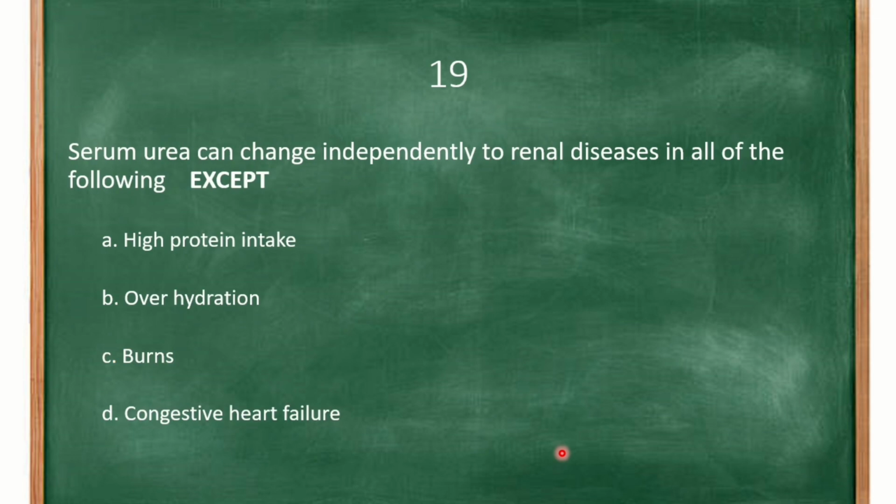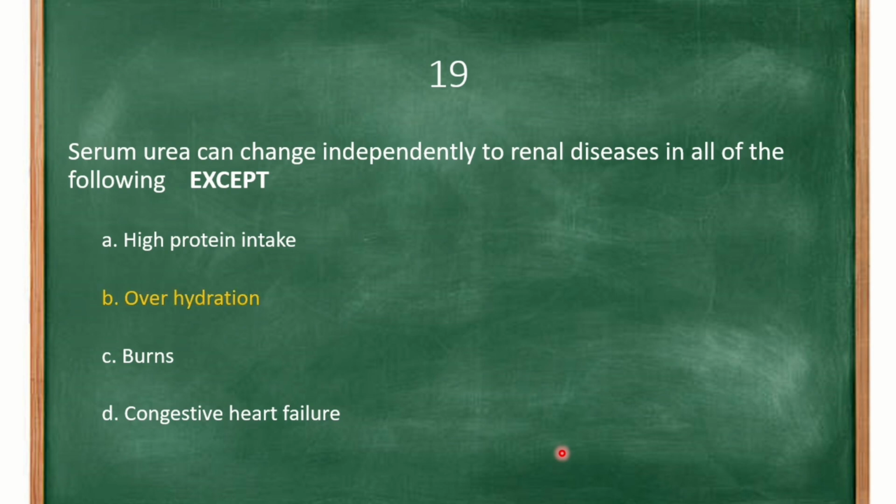Okay, question 19. Serum urea can change independently of renal disease in all the following except A, high protein intake, B, overhydration, C, burns, and then D, congestive heart failure.